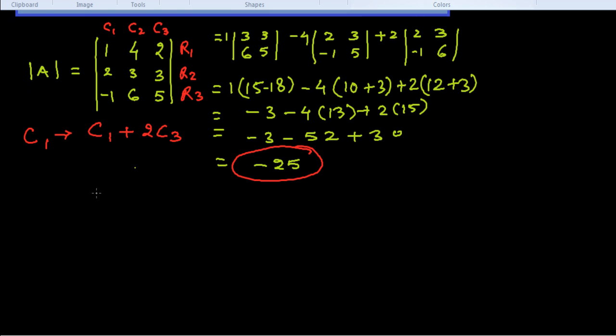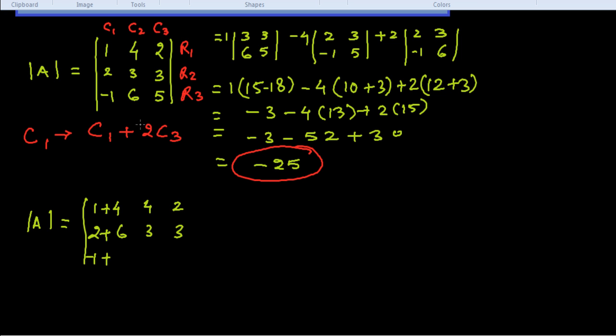Now we do this process here. In this determinant, we do the same thing. Determinant A now would be: first row 1, adding C1 plus 2 into C3, 2 into 4. The second column will be the same, the third would be the same. 2 plus 6, 2 times 6, 3, 3 will remain the same.